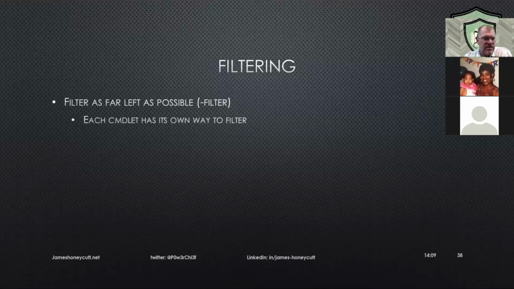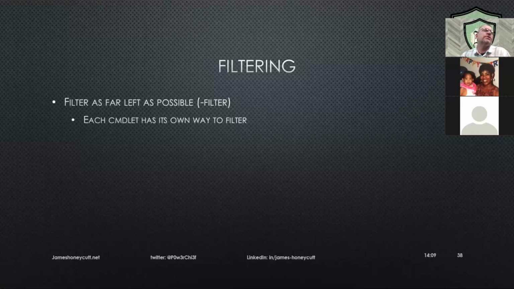So let's see what this says. Yep. So back in the day, each commandlet has its own way to filter. Some have a -Filter, some don't. Some require another type of parameter that's going to filter it out. Say like Get-Process. Get-Process doesn't technically have a filtering parameter.